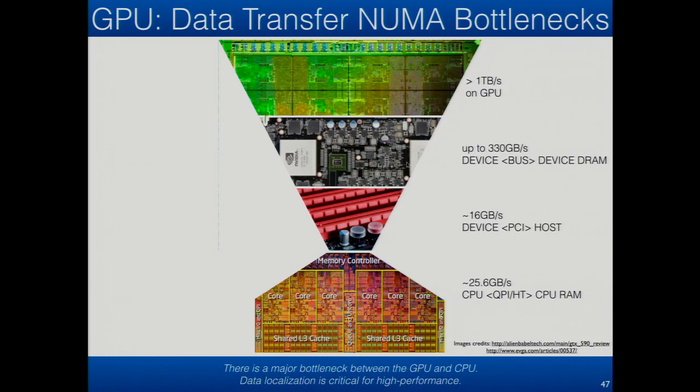Between the board and the host, it's about 16 gigabytes per second. And then Intel's bandwidth is a moving target. It's hard to pin down, but somewhere on the order of 25 gigabytes per second or more, depending on how much you want to spend. But that's an incredible range of bandwidths.